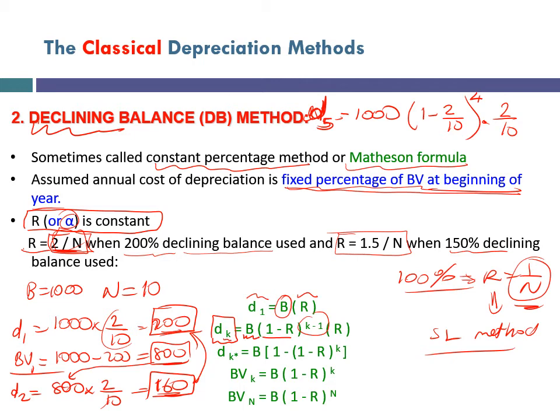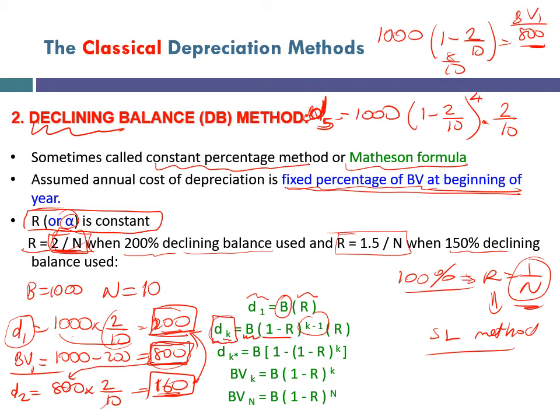But look, in the first year, when you find the depreciation using this 100, the remaining book value was 800. What is this 800? That 800 is actually 1000 multiplied by 1 minus 2 over 10. So this is 8 over 10, and it gives you 800. This is the book value at the end of year 1.